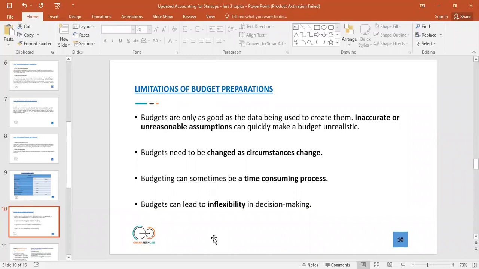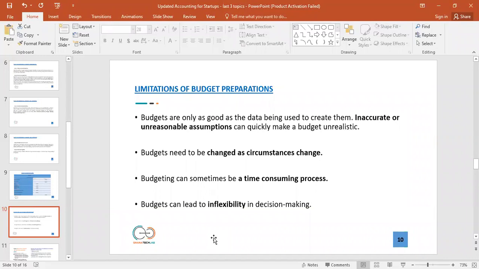All right, so the first one is that budgets are only as good as the data being used to create them. Inaccurate or unreasonable assumptions can quickly make a budget unrealistic. As I said, the budget becomes a good budget based on the kind of data that you feed it.